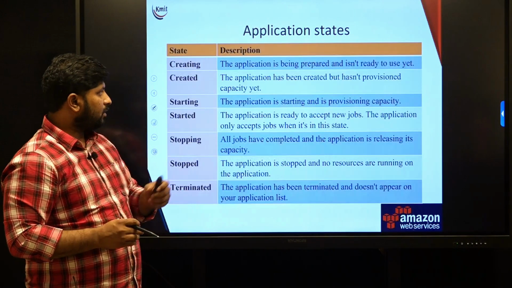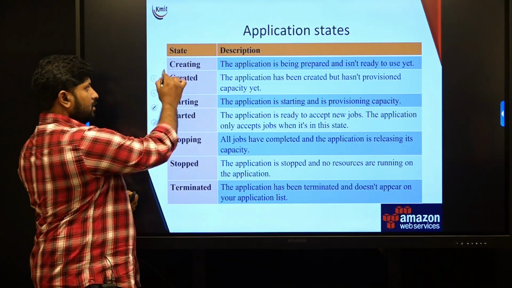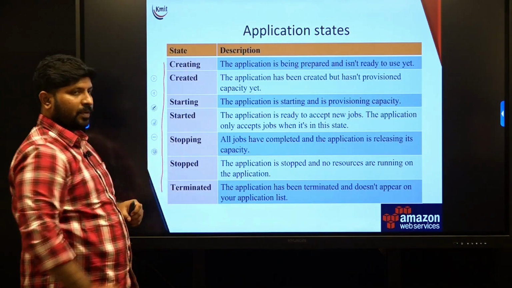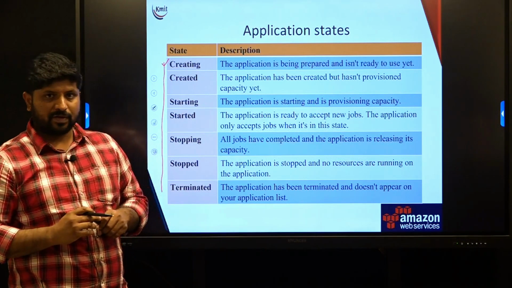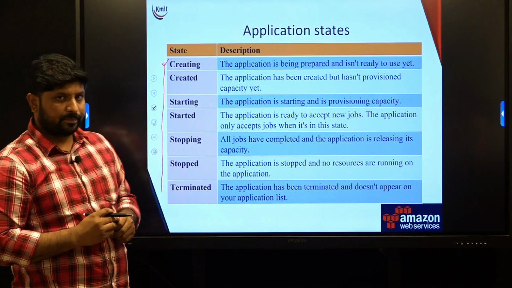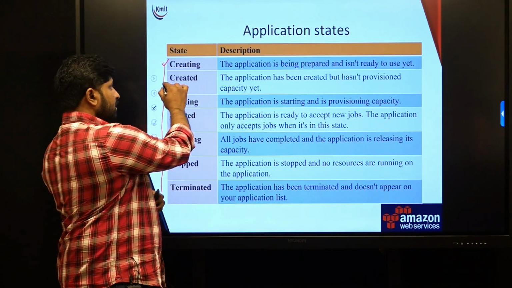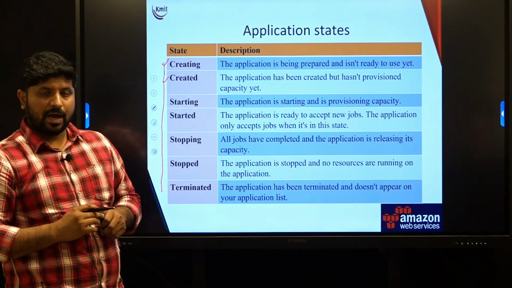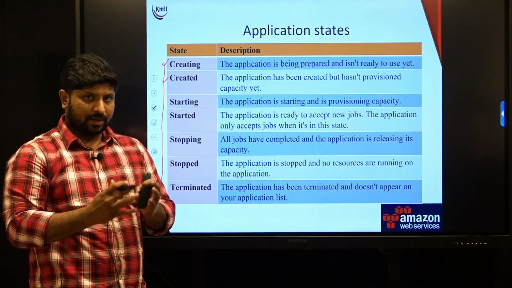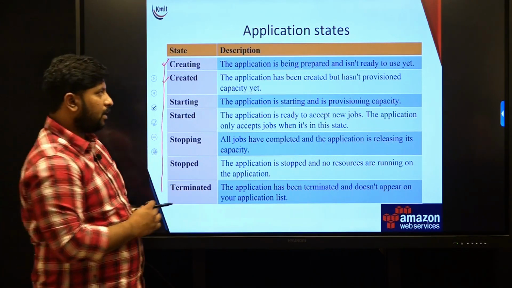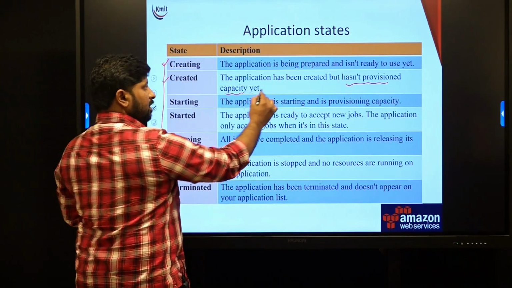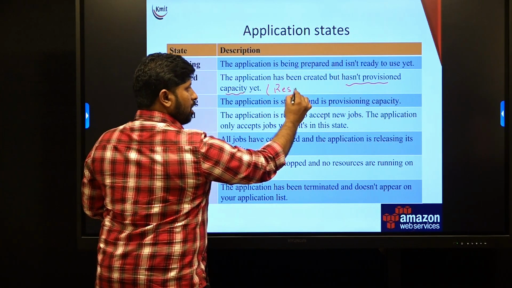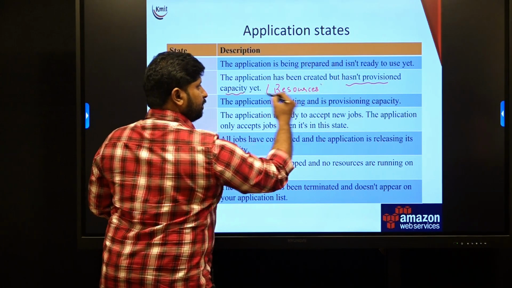So, to begin with, all these are the states of an application. It begins with creating an application. When the application is being prepared, once the application is created, it is live, the sandbox is live to use, but in this case it has not been provisioned with capacity. It means that the resources are not going to be provisioned.